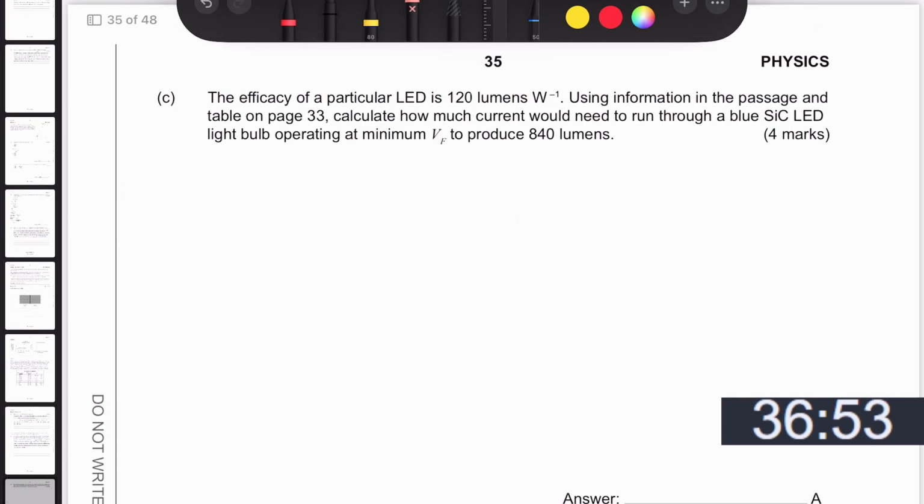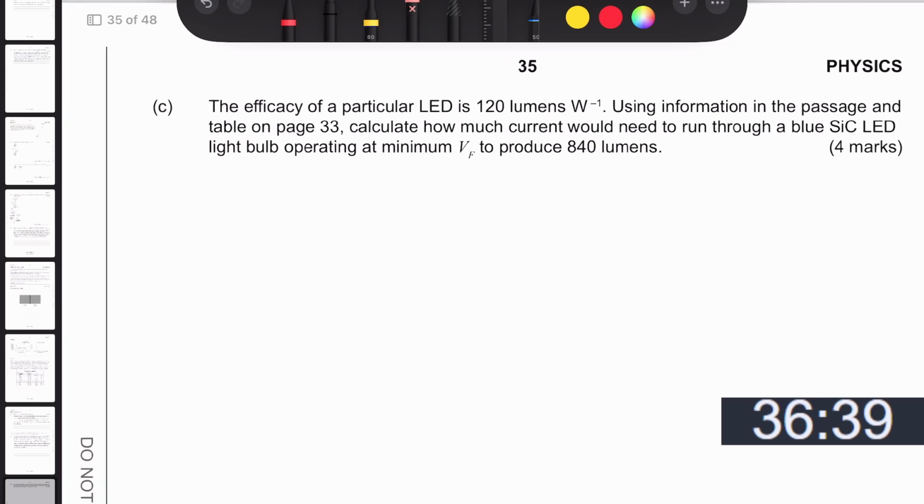Okay, the efficacy of a particular LED is 120 lumens per watt. In the passage and on the table in page 33, calculate how much current you need to run through a blue SiC LED operating at minimum VF to produce 840 lumens.